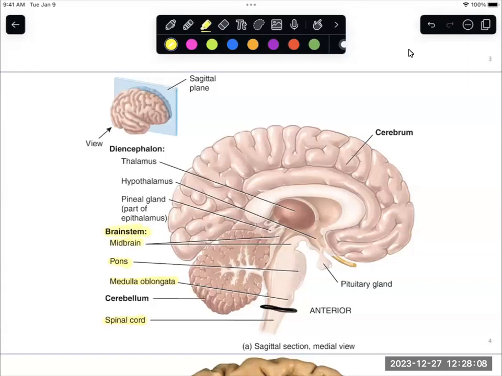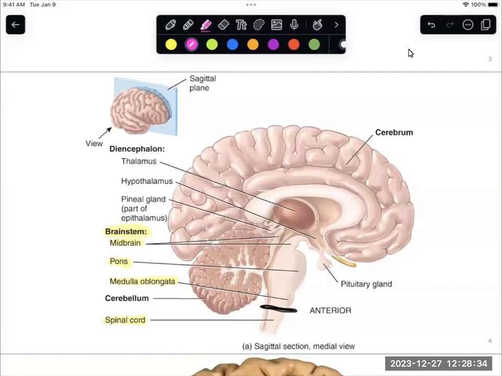Our brain stem processes autonomic type functions. It regulates your heart rate, your breathing rate. It regulates how fast or slow something's moving through your digestive system, your urinary system, your reproductive systems. A lot of different functions come from the brain stem.